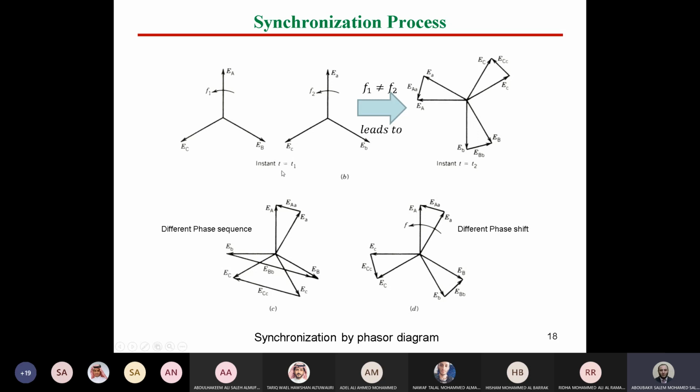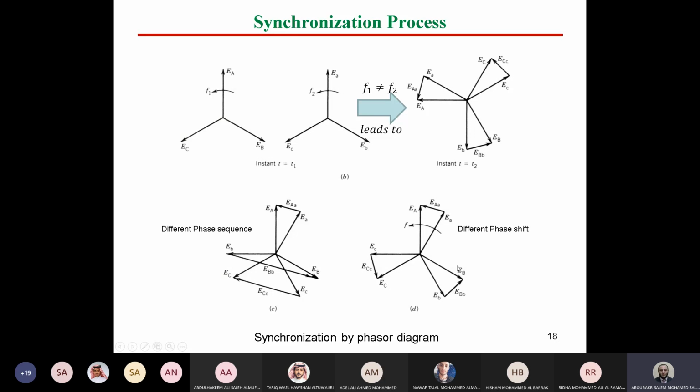In case f1 is different from f2, not equal, this means that after a certain time t2, you will have a phase shift between phase A of the generator and the grid. It will be like that. So if the frequency is not equal, there will be a voltage between the 2 phases of the grid and generator. So we cannot connect. This represents that the frequency condition is not achieved.